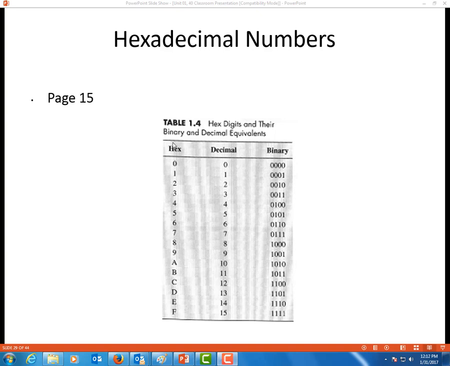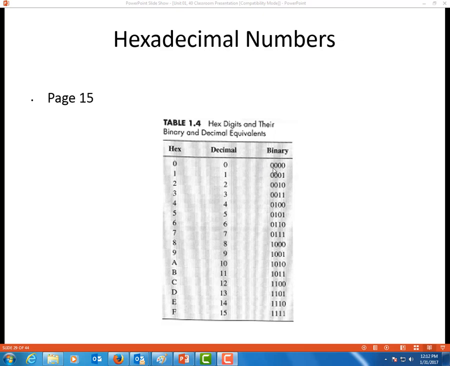To answer that, if you look at your binary column, there are 4 bits: 1, 2, 3, 4. Remember, 4 bits are called a nibble. 2 nibbles are called a byte. So a byte has 8 bits, a nibble has 4 bits. You might need to know that because they're going to talk about that later on in the course.